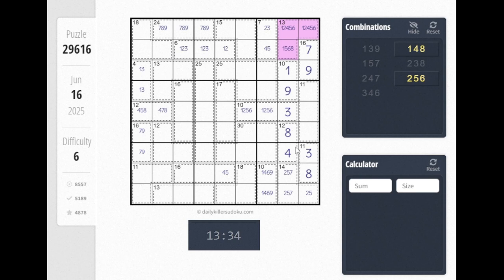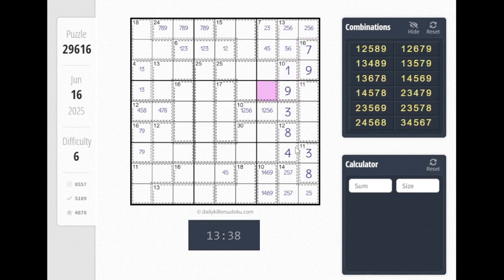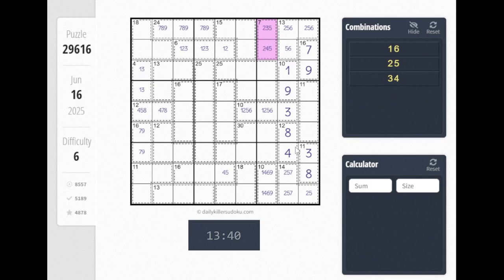Which means that this can no longer be 148, which makes this a 256, which makes this 3-4. That becomes 4-6. 1, 2, 3, 4, 5, 6. Okay, that was pretty good. That was pretty spiff.